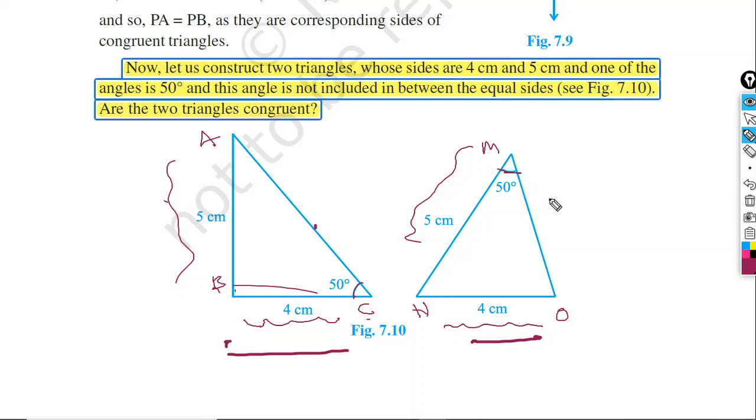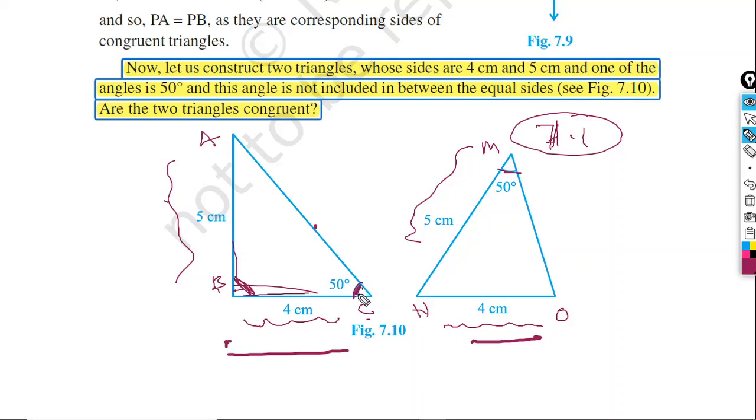Can we call them congruent? No, because our congruency rule of axiom 7.1 was saying two sides of one triangle and the angle included. But here you see two sides AB and BC, the included angle must be angle B, but we are not taking the included angle, we are taking an angle outside.